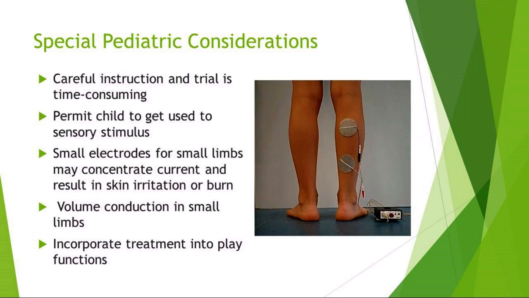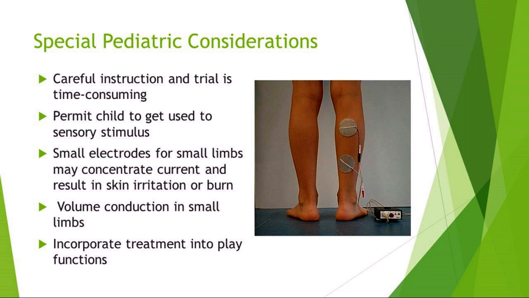So with kids, careful instruction is super, super important. And you have to do a trial to permit the child to get used to the sensory stimulus. Little kids have small limbs. Small electrodes for small limbs might concentrate the current and result in skin irritation or burn.